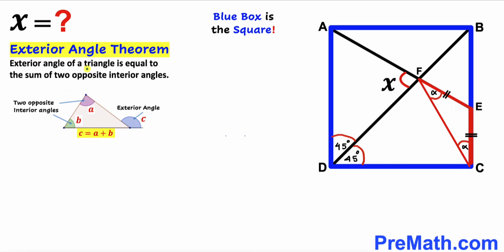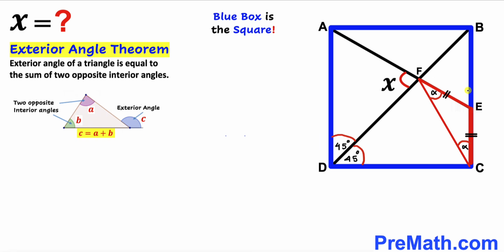According to this theorem, the exterior angle of a triangle is equal to the sum of the two opposite interior angles, as you can see in this diagram. Here, angle C is our exterior angle, whereas angle A and angle B are our two opposite interior angles, such that angle C is equal to the sum of angles A and B. So this angle is our exterior angle, and it is equal to the sum of these two opposite interior angles, alpha and alpha.